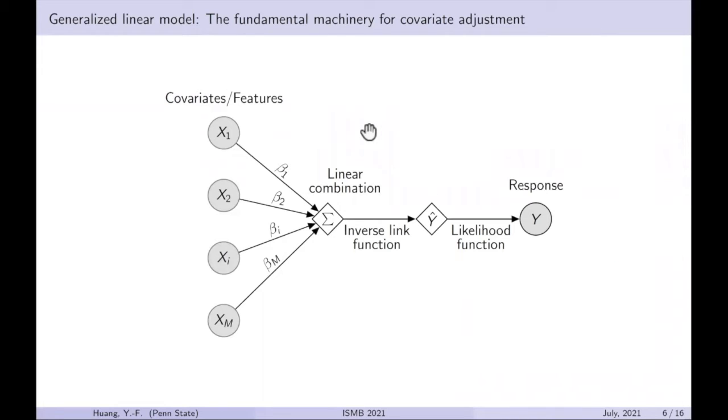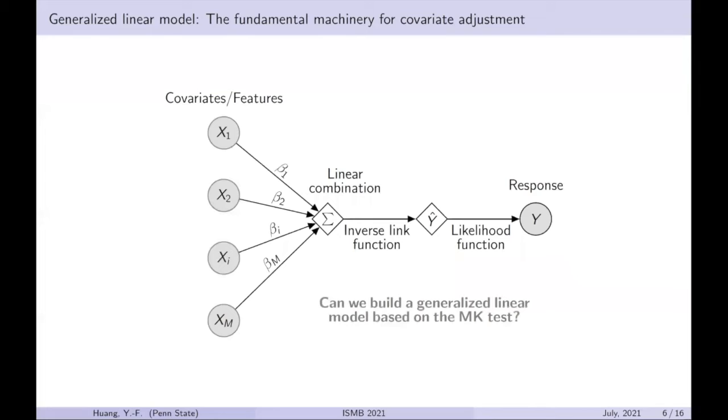So if we have all the relevant features, a reasonable inverse link function here, and a realistic likelihood function here, we can infer the direct effects of features on a response variable. So that's the basic idea of GRM.